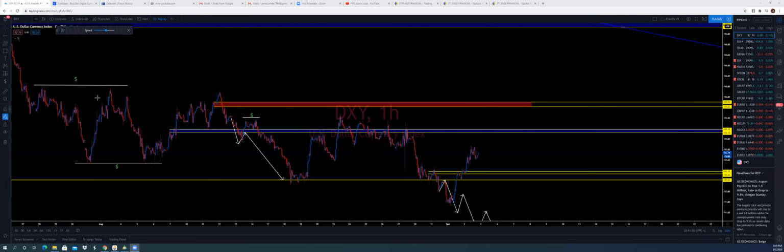We already know that there's a strong possibility the dollar could come back up here and retest this level, or this level. So it's all good. What that does is alert me that the trend of the dollar may be changing.